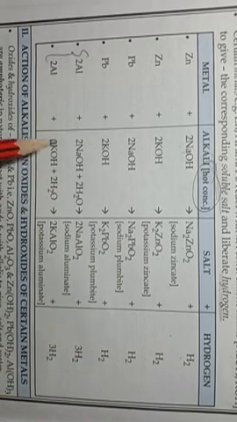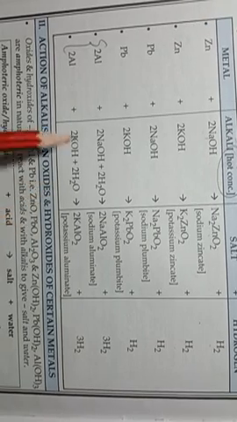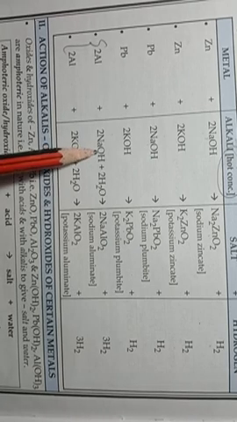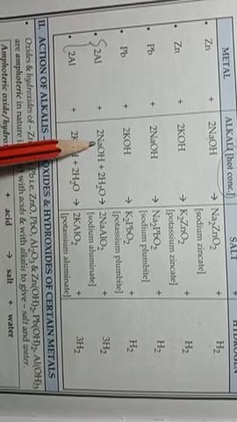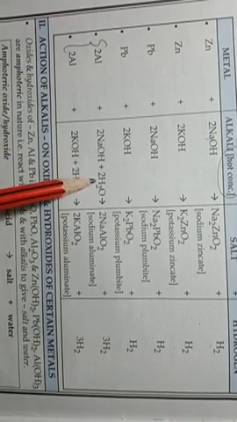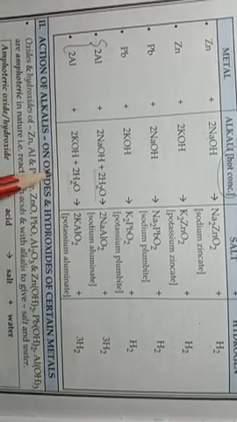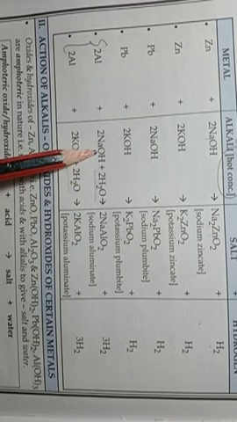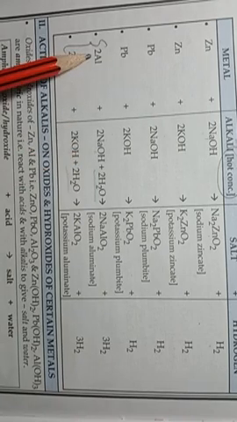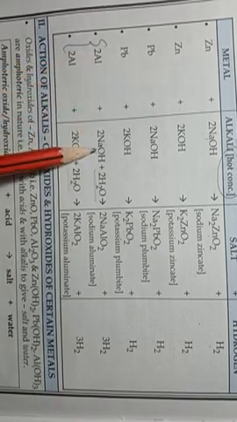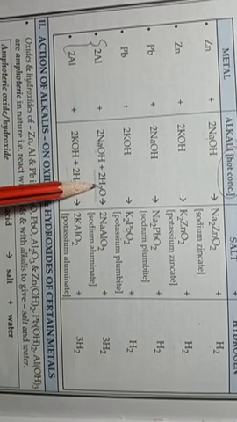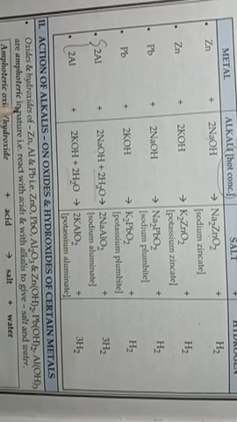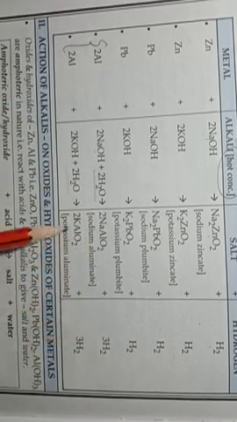Okay students, and the reaction of aluminium with alkali is somewhat special. As you can see here in this reaction, with alkali we are using water also on the side of the reactants. So just keep in mind always that when you write the reaction of aluminium with alkalis, you will use 2 molecules of water on the reactant side to balance your reaction properly.